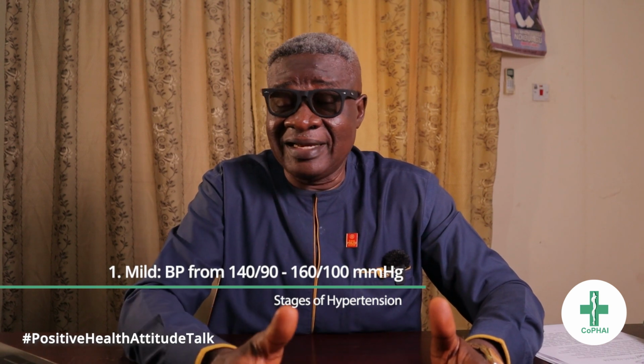Let's take the stages of hypertension. First stage is when you have the blood pressure at 140/90. Remember, I said anything above 140/90 we see as hypertension. But being lower than 160/100 is mild. It's something you can handle easily.